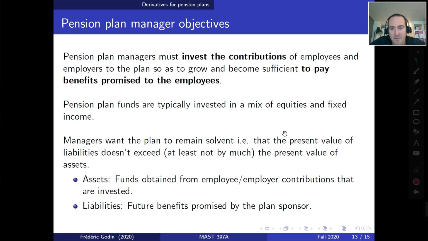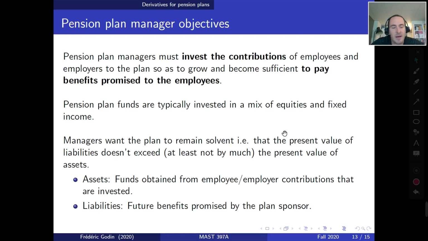The managers of pension plans want the plan to remain solvent. And what do we mean by that? They don't want the present value of liabilities, so liabilities are in the future, but we can calculate their present value to determine how much money you need now to cover them in the future, to exceed the value of assets in the pension plan, or at least not by much.